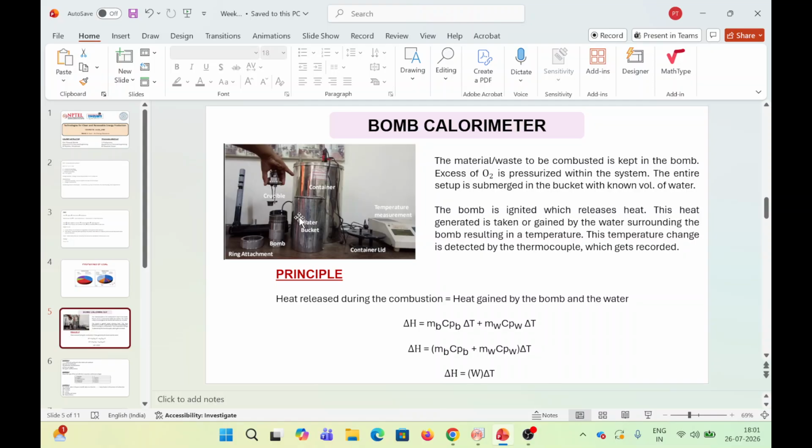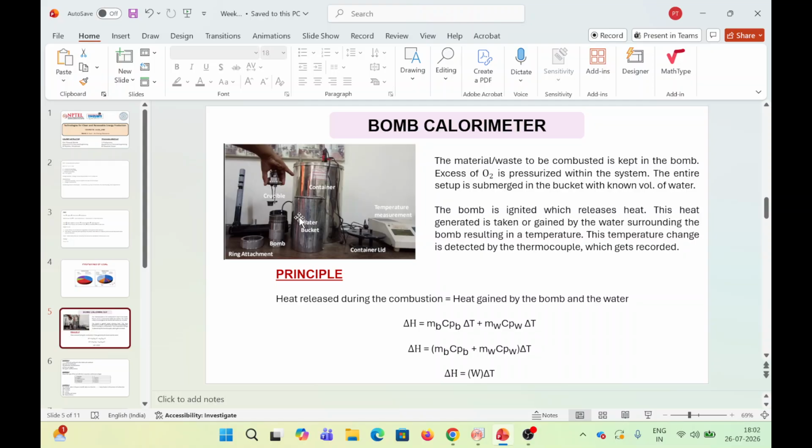One of the main things that we need to understand here is that energy as such cannot be measured with any kind of equipment. The heat energy that gets released, you do not have an equipment to measure. What we can do is only measure the increase in the temperature, and based on that increase we can correlate how much energy has actually been produced.